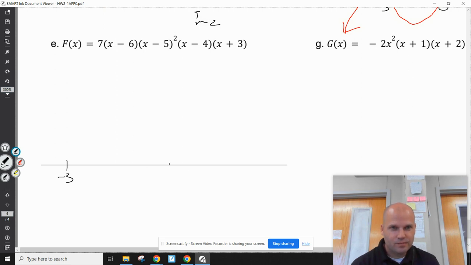Negative 3, 4, 5, 6. 7 doesn't mean 7 is a 0, and 0 is not a 0. You don't see x. 5 is our multiplicity of 2.